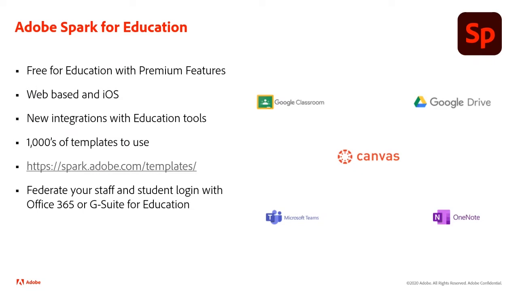It has Spark Page, Spark Post, and Spark Video. Spark Post is for creating graphics, Spark Video is for creating really lovely, simple video introductions or explanations in an easy way, and Spark Page creates a single web page.